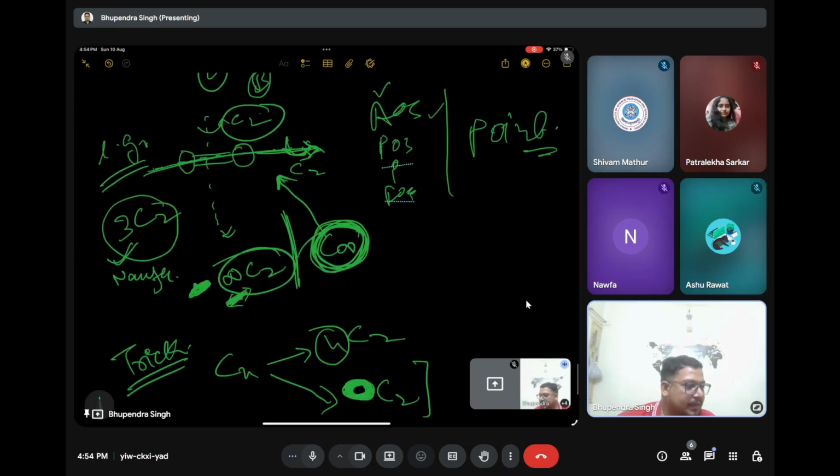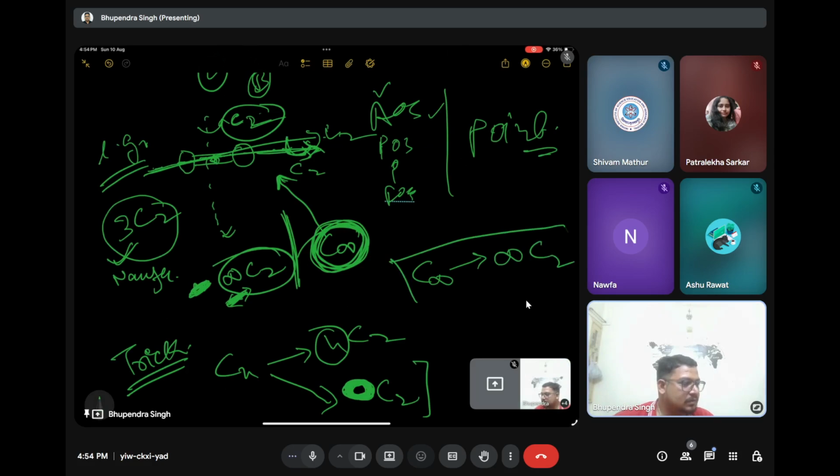So here in this case, C infinite is there, and we are able to find one C2 here, one C2 here, one C2 along the x-axis from here. So C infinite means you have infinite number of C2s. I have told you this in my first class, I guess.